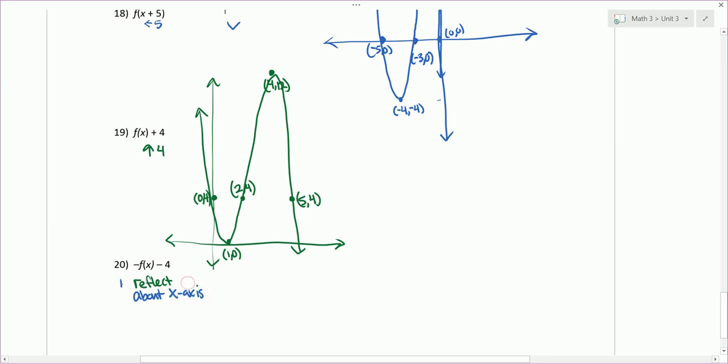Okay, that's what's going to happen first. And then the minus 4 is going to move us down 4. So first reflect about the x-axis, then move everything down 4.